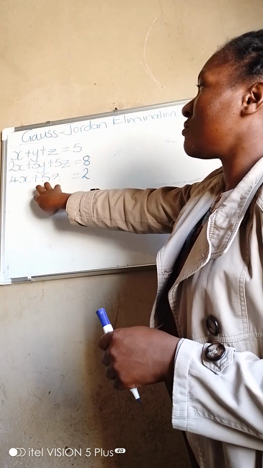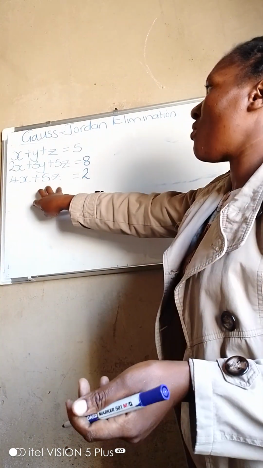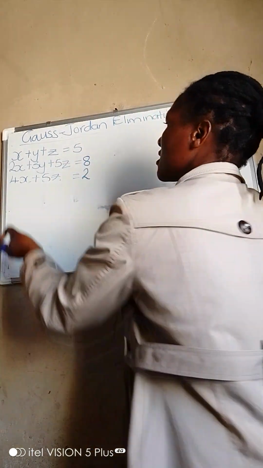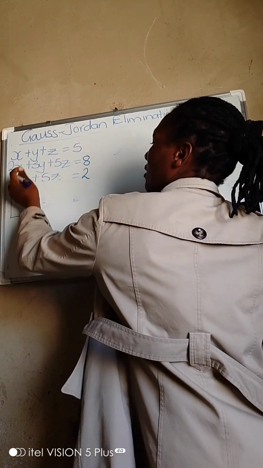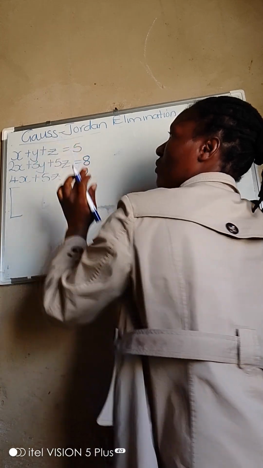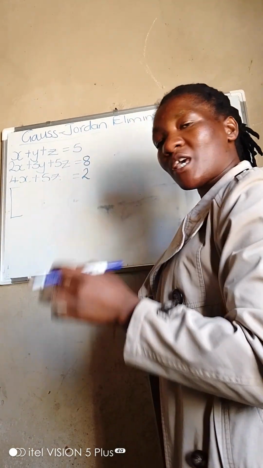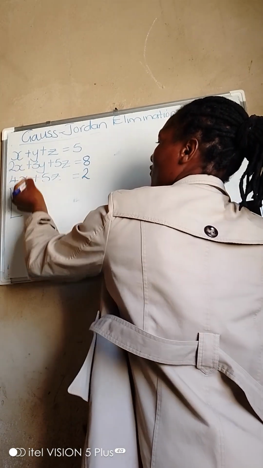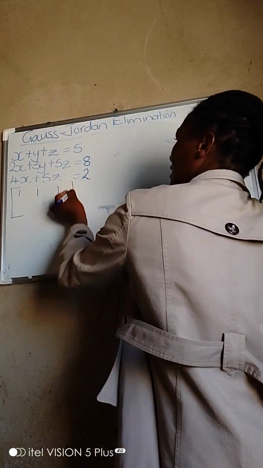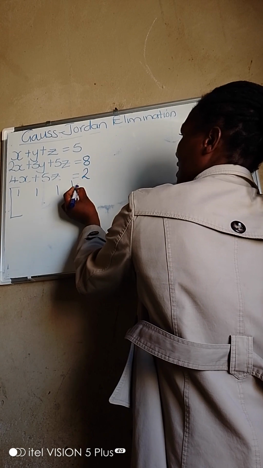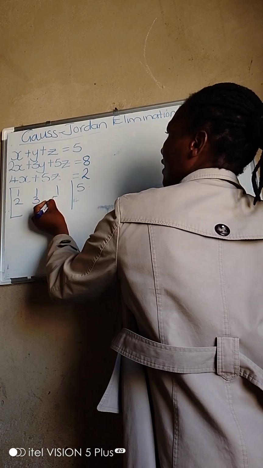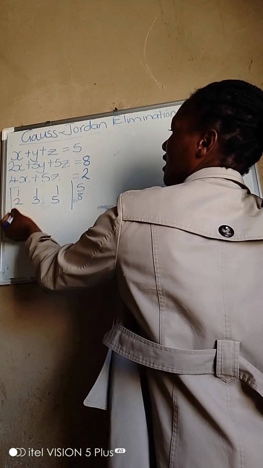in augmented matrix form. So we are going to write this as an augmented matrix. We are going to write out the coefficients only. Coefficient of x is 1, coefficient of y 1, then constants on this other side 5, 2, 3, 5, 8.